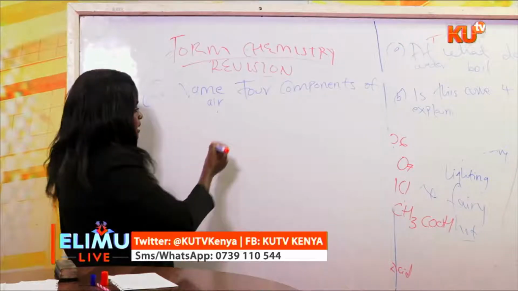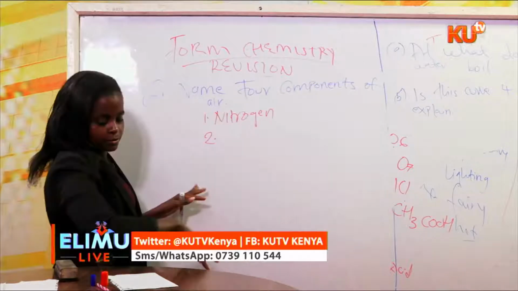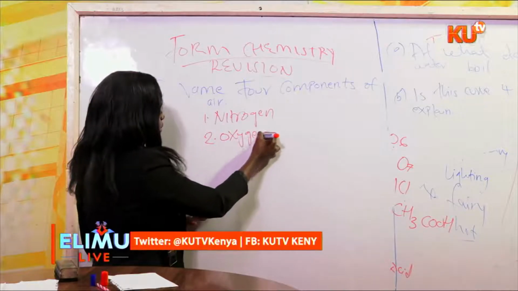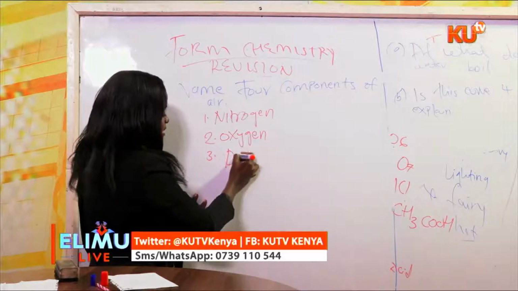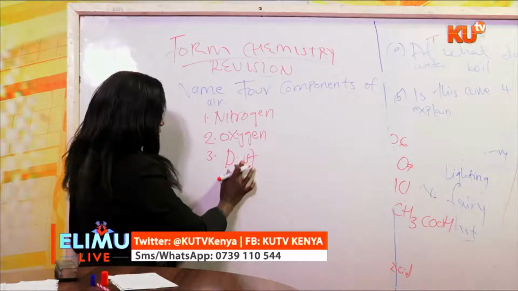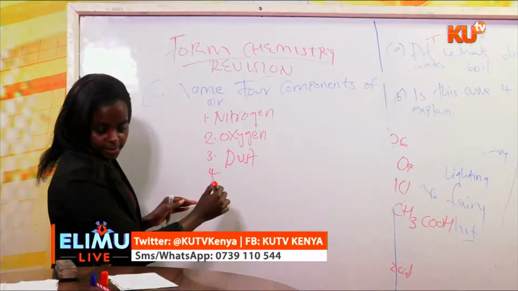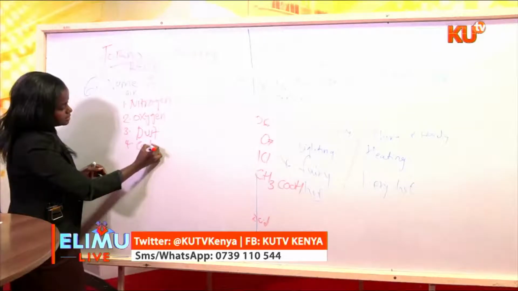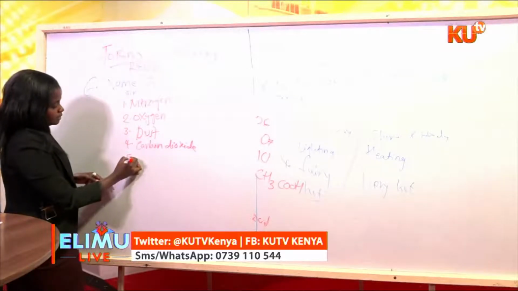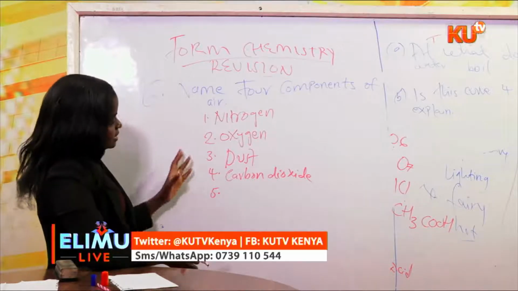So maybe I'll just state them, then later I can draw them to see their percentage. Then we have oxygen, we have dust. Dust is part of the components. Then the fourth component is carbon dioxide. Then the fifth component, water vapor and inert gases.